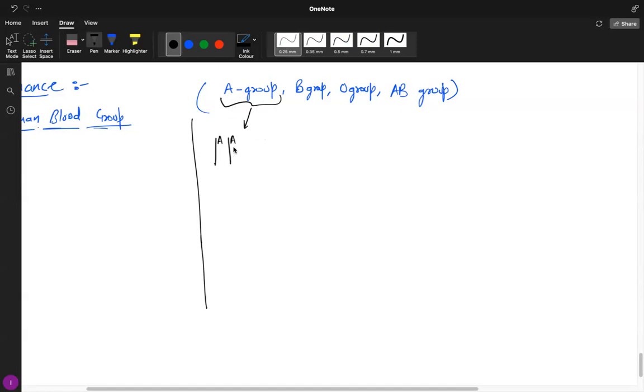No, it is not codominance. This is normal, like capital T and capital T. Remember the definition. The most crucial part of the definition is that in a heterozygous condition, they should co-express. That is when it will be called codominance.